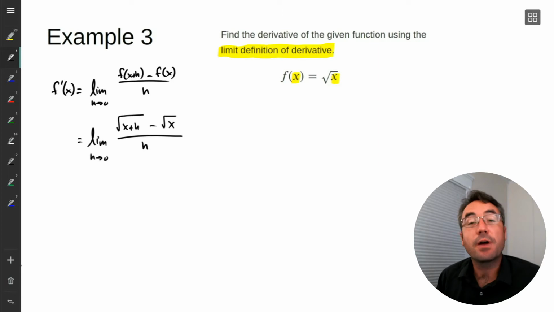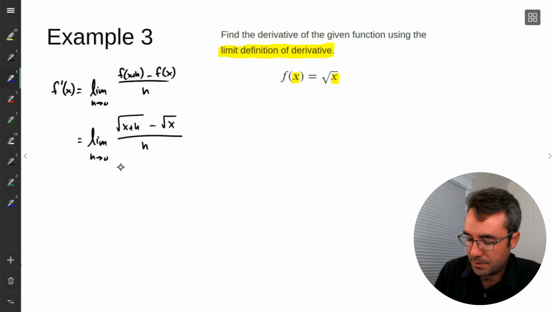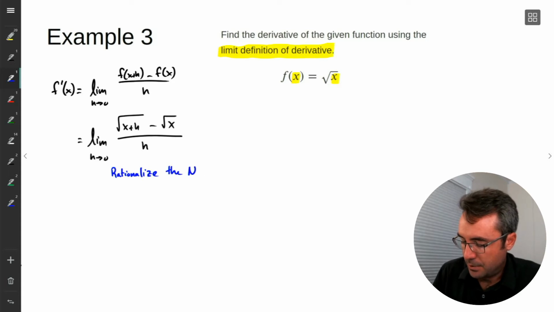So we have to use more of our advanced algebraic techniques to help us work with these limits. And we've seen ones like this before involving square root functions. And our trick, that's really what it is, is to rationalize the numerator. And we do that by multiplying by the conjugate.